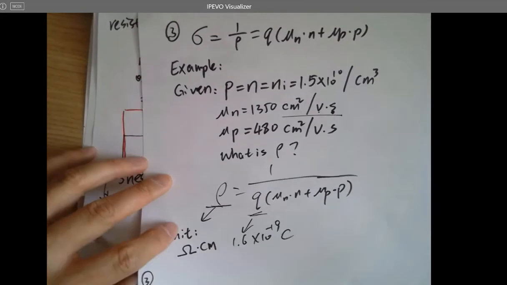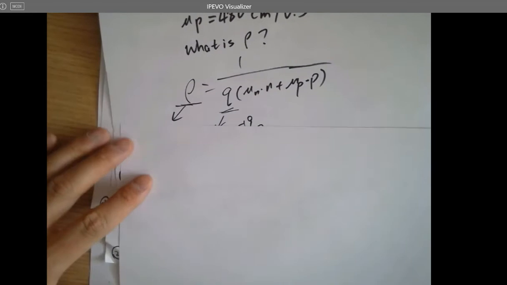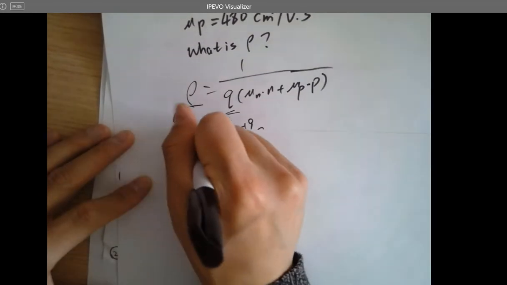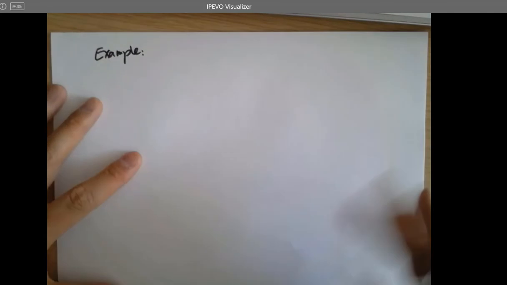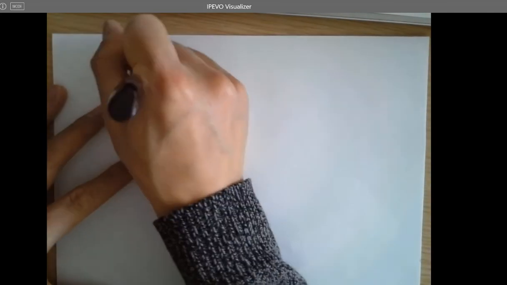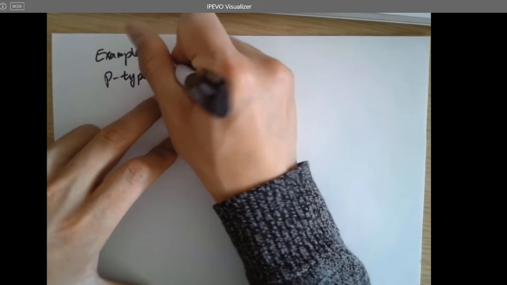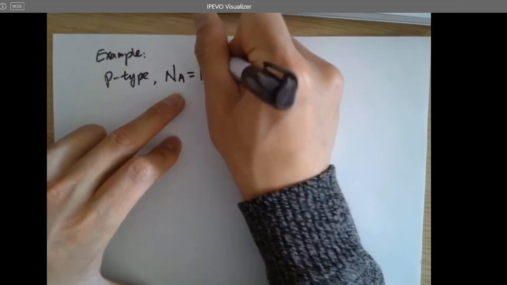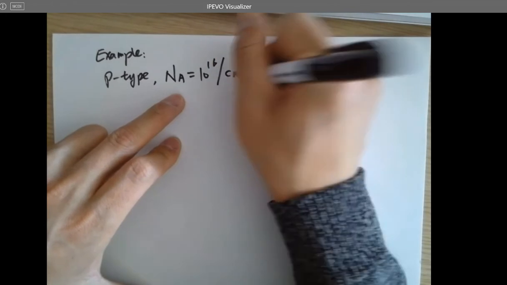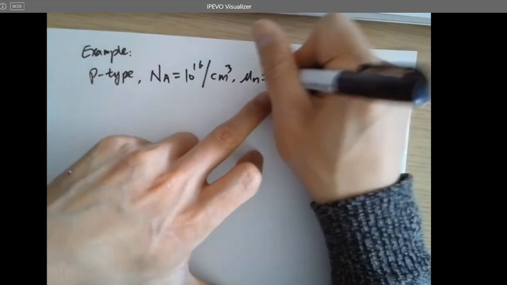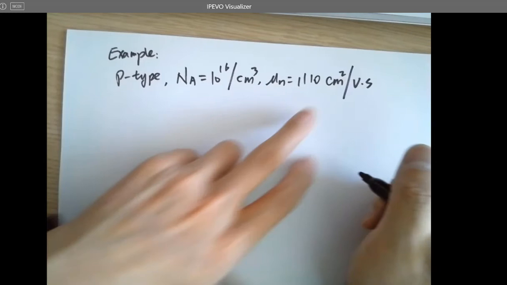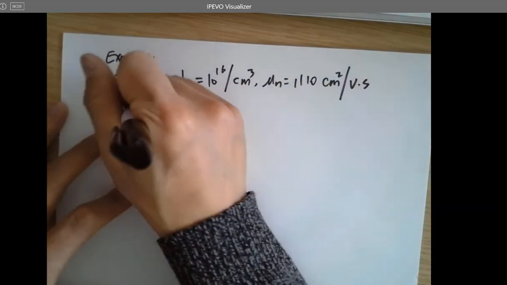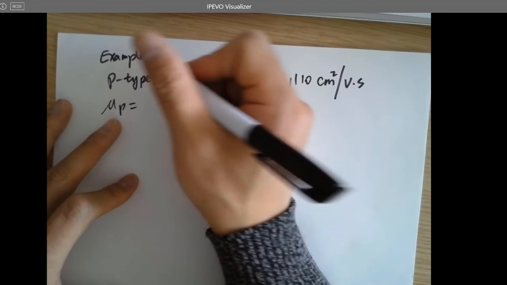Let's look at the second example. A p-type semiconductor and Na equals 10 to the 16th per cubic centimeter, and mu n equals 1110, and mu p equals 400.